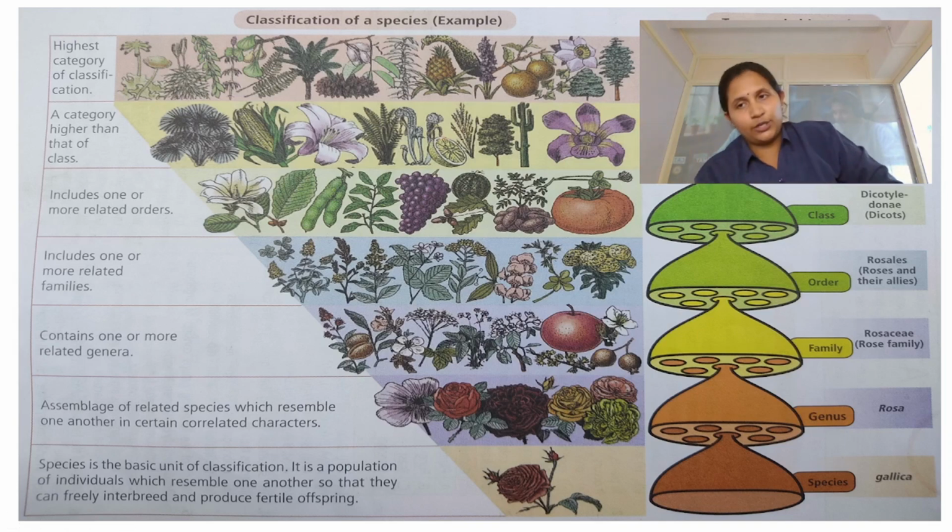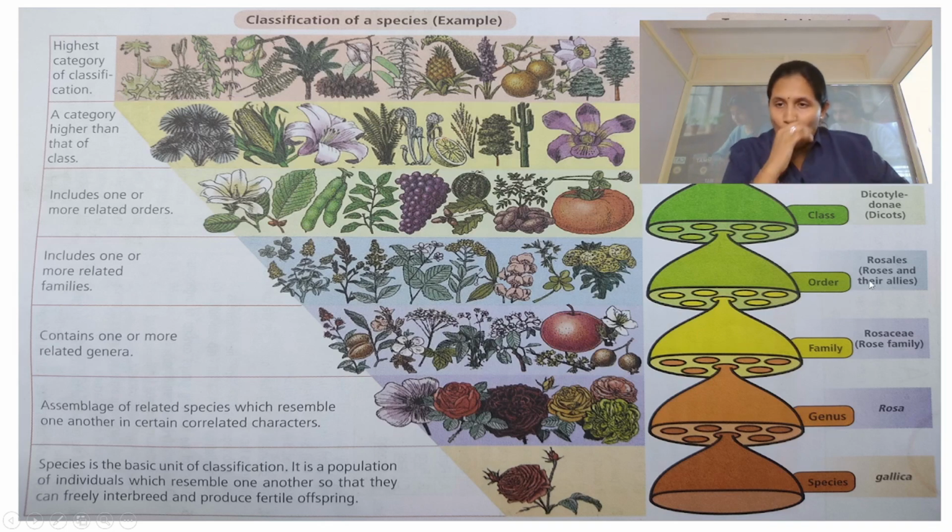Dicotyledon or monocotyledon. Plants are again divided into dicotyledon and monocotyledon. The example we have taken is rose, and rose belongs to the dicotyledons. So again a differentiation has come, students. You can see again a cut down of the specimens in the lower class. Then we take order, Rosales.